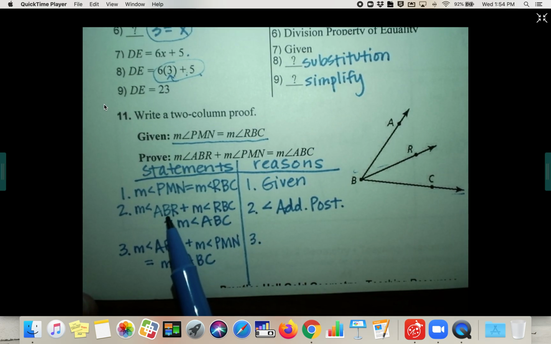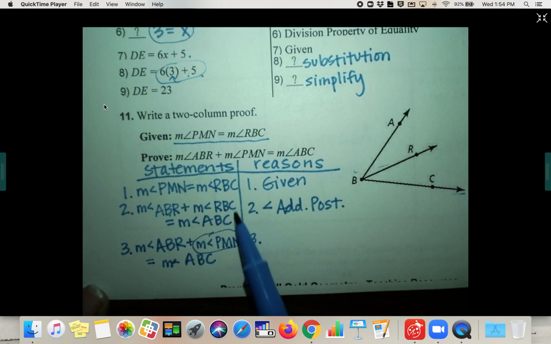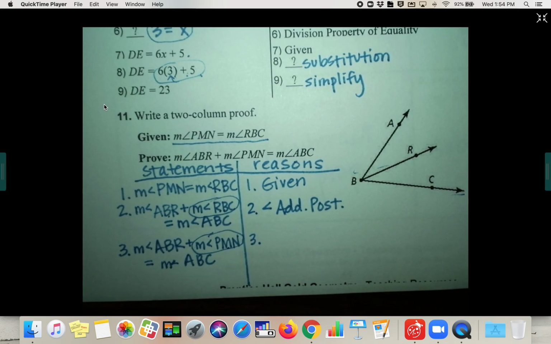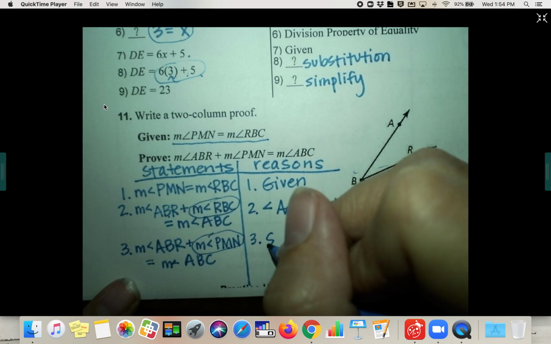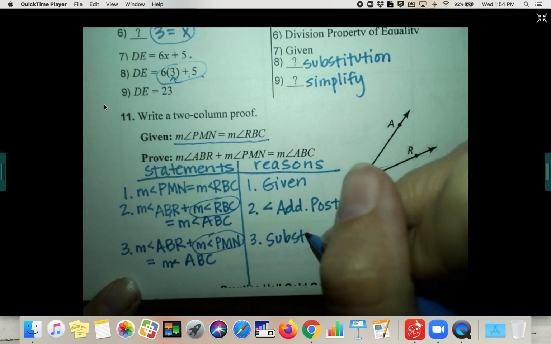We took ABR and left it ABR, but we took RBC and flipped it for PMN. We replaced it. We substituted it. I'm giving it away now. And then it equals angle ABC. So we substituted this one in for this one in order to do our proof. So all we did was use the substitution property.